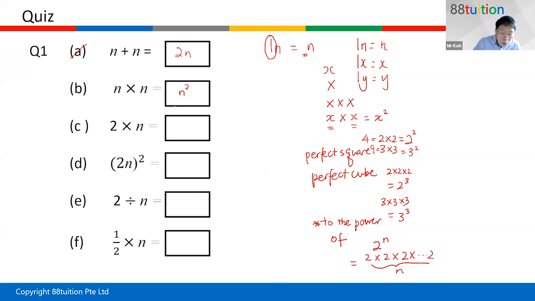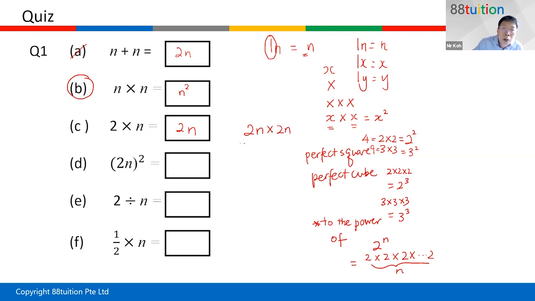All right, the next one. This is the one that a lot of you have a problem with, so now at least you know. 2 times n is of course 2n. Now we come to 2n squared, which some of you had problems with. 2n squared means 2n to the power of 2, which means 2n multiplied by 2n.